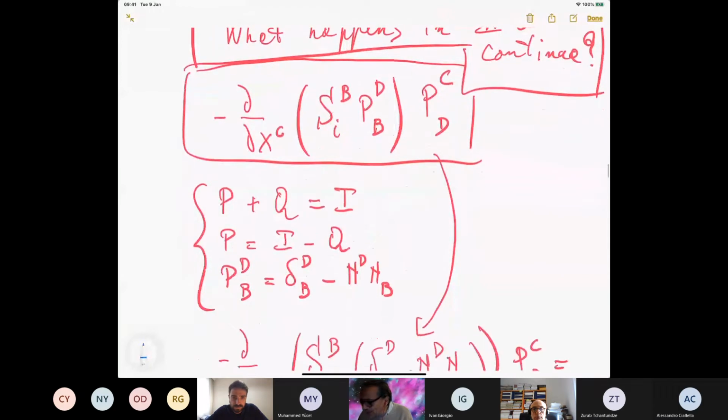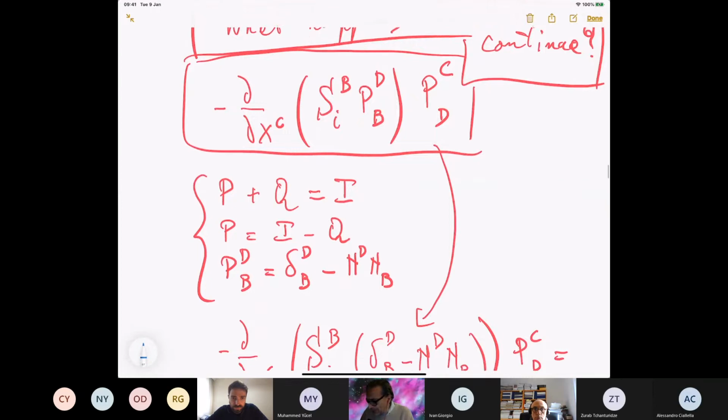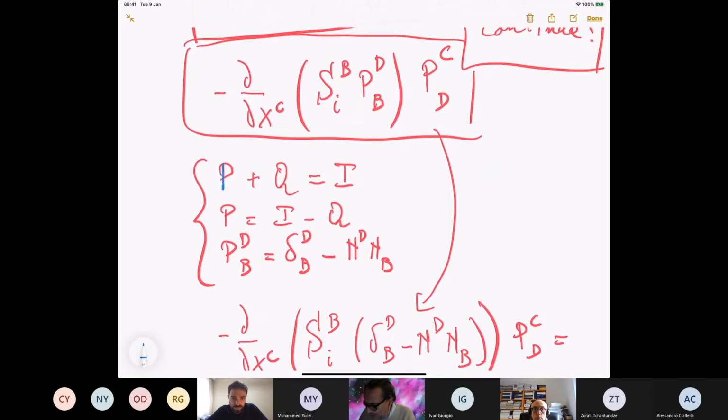Let us look at this force per unit area which we have now, whose expression is given by this formula. Now, please remember that P, the projector in the tangent plane, plus Q, the projector in the normal direction, is equal to identity.